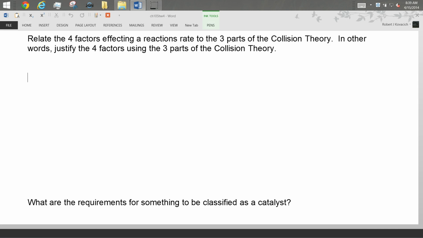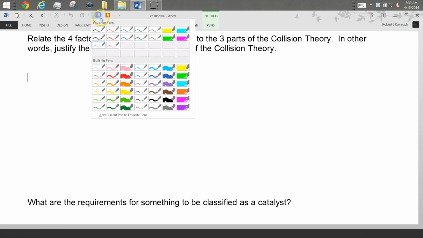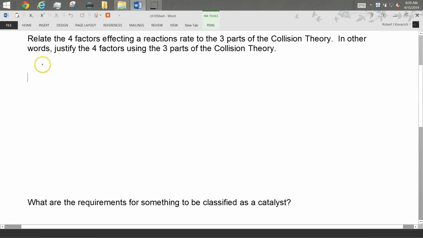Alrighty, four factors that affect the rate and then go along with the collision theory. So the four factors that we're talking about would be state and concentration and temperature and catalyst.